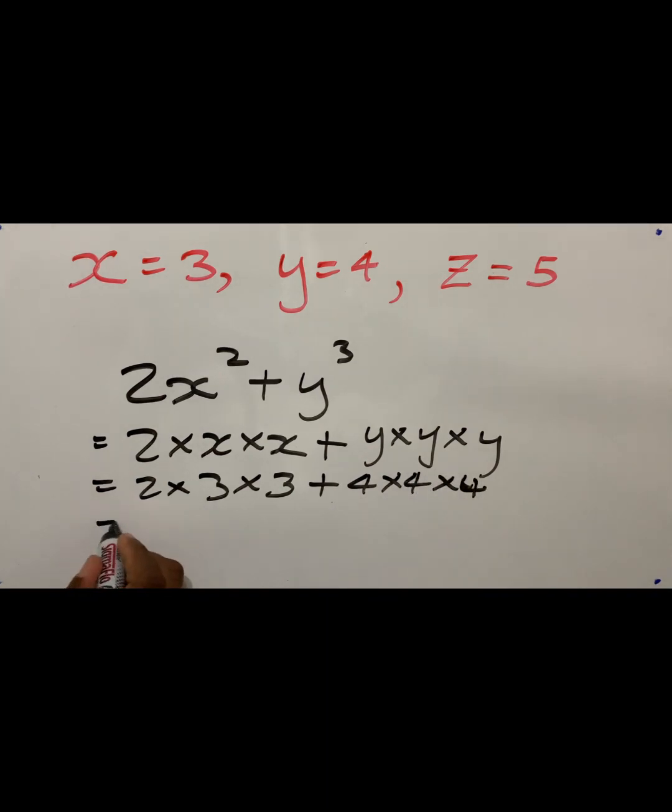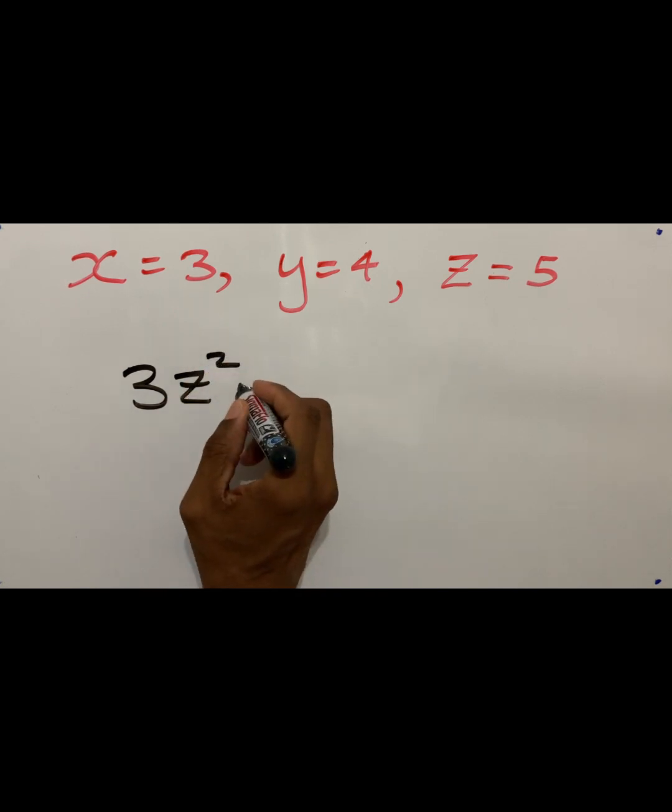Equals 2 3s 6, 6 3s is 18, plus 4 4s 16, 16 times 4 is 64. So 18 plus 64 is 82.